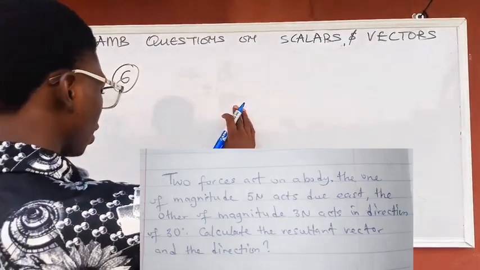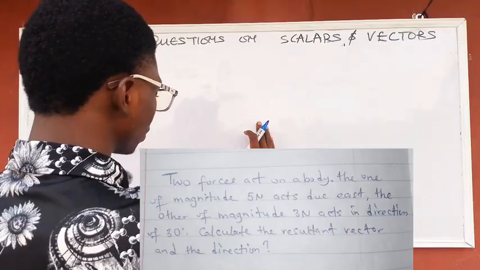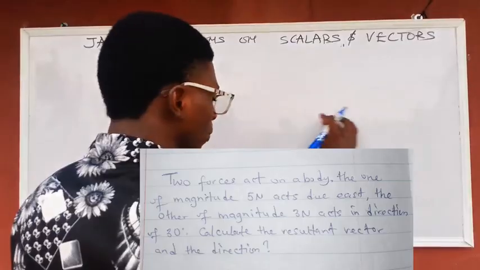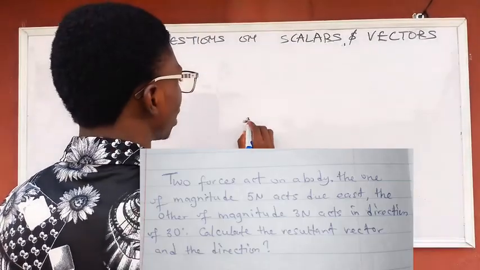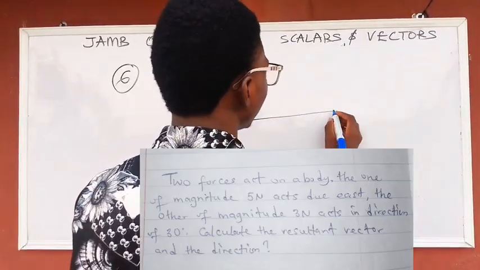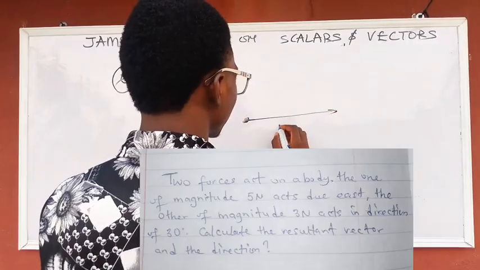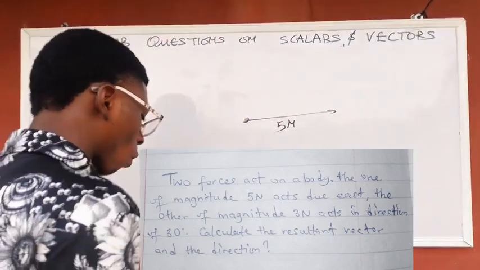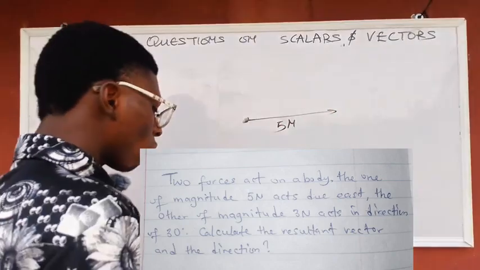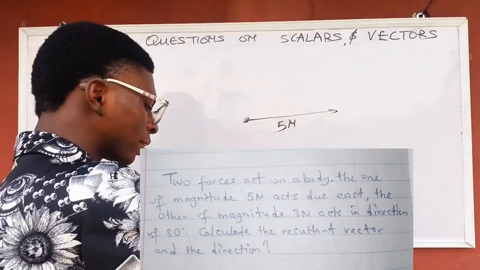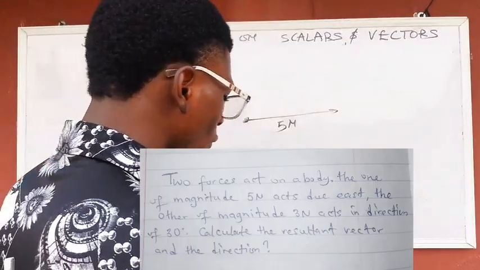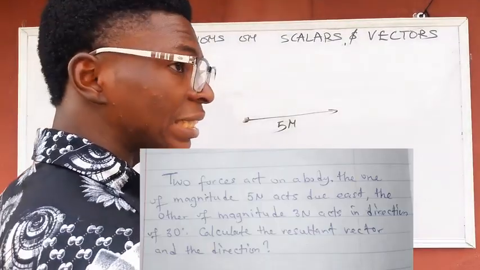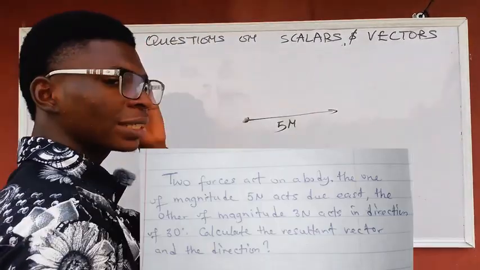Two forces. The first force, which is acting on the body, is due east. That means the body is being pulled. This is the body now, and the force is pulling it towards east, and the magnitude of that force is 5 Newton. The other force, acting on that same point, is of magnitude 3 Newton in the direction of 30 degrees.